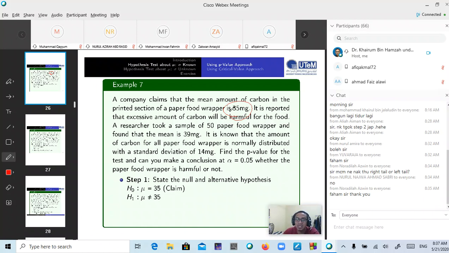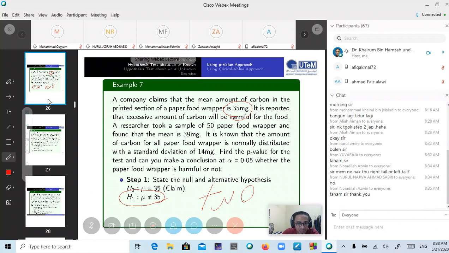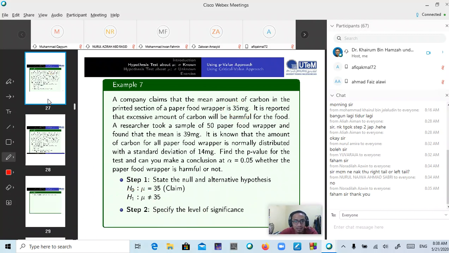Since mu is not equal to 35, this one at H1, so this one is two-tailed test. Okay, ni adalah two-tail. Sebab H1 dia tak equal. Okay, boleh faham? Okay, next.